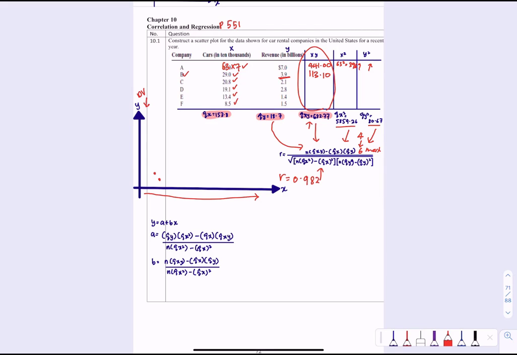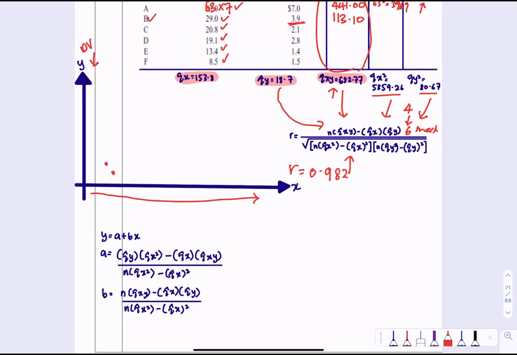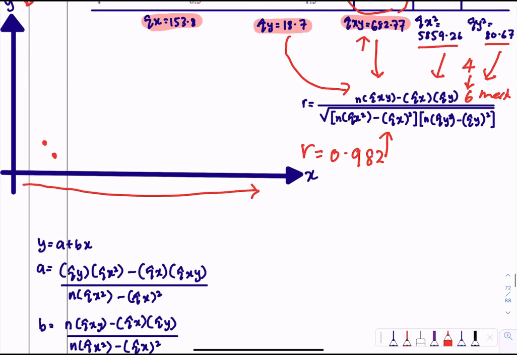Okay, the value of R is in between -1 to 1. Then you can get the equation line. If you still remember how to find the equation line, we have the formula y equals mx plus c.